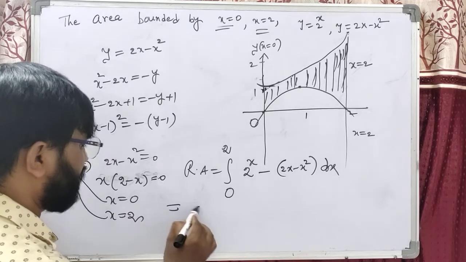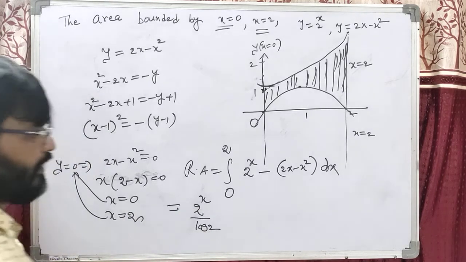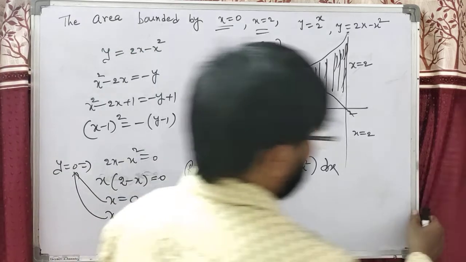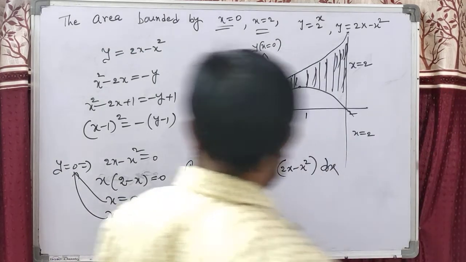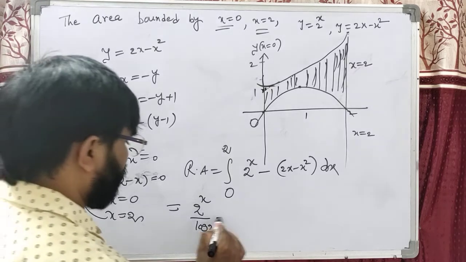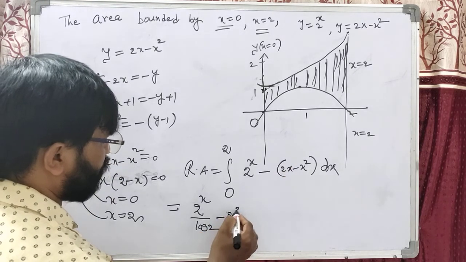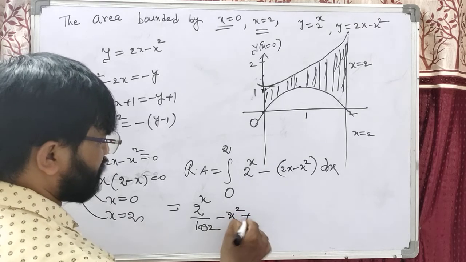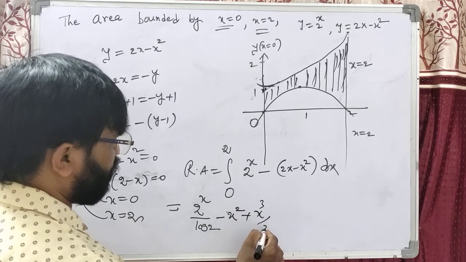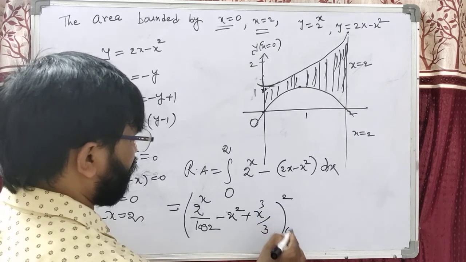Dear students, we know that the integral of a power x is a power x by log a. Minus 2, the integral of x square is x square by 2, the 2 cancels, minus of minus plus x cube by 3, the limits will be 0 to 2.